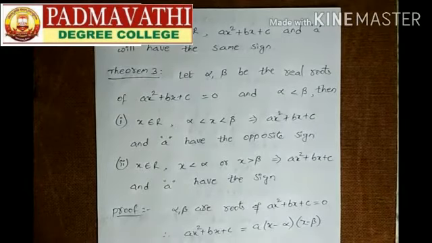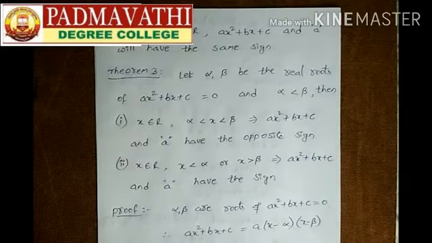The first one is for all x belongs to R, alpha less than x less than beta, means the value of the expression when you are considering in between the two roots alpha and beta. In that case, ax square plus bx plus c and a have opposite sign.